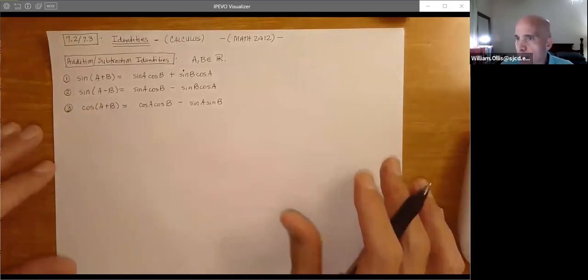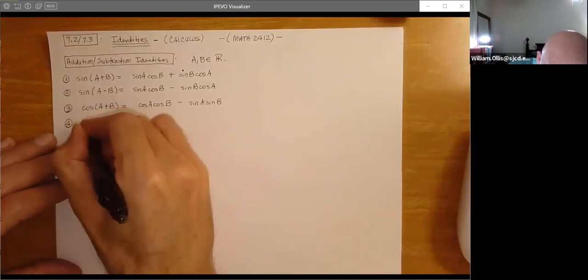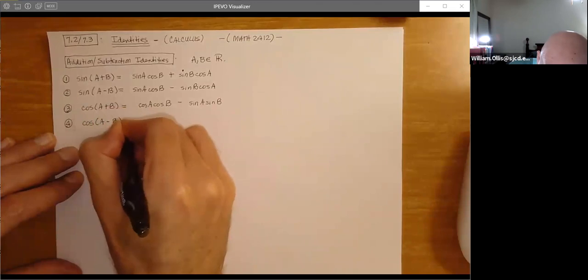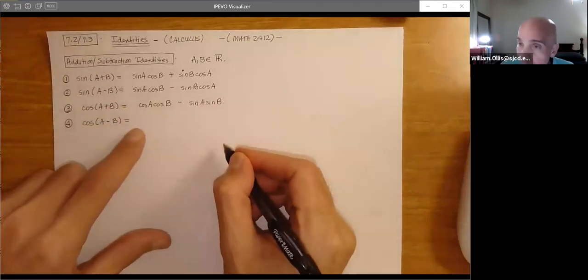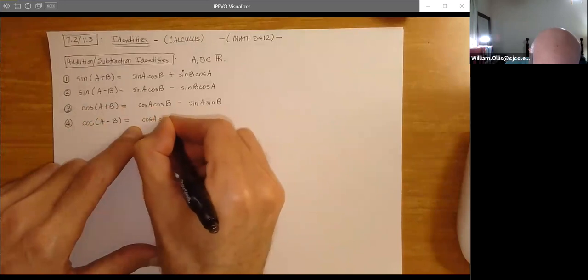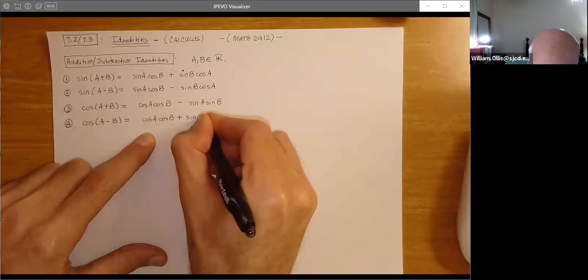So possibly a way to think about it. And then, of course, if we actually put in a minus sign, would we then have a plus sign on the other side of the identity? And we actually do. So we have cosine A cosine B plus sine A sine B.